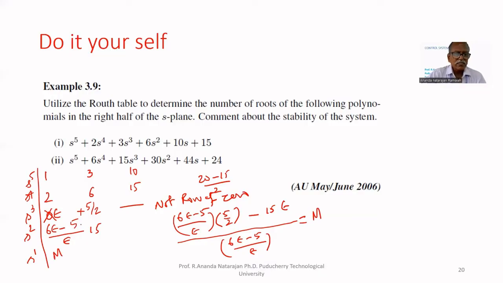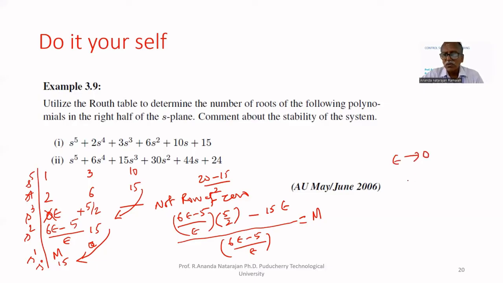So S power 1 is m. What is S power 0? S power 0 is automatically 15, this 15 will move like this. Alternate rows there. Because here 0, m multiplied by 15 minus 0 divided by m equal to 15. So you will get 15 here. Now we have to replace epsilon as a limiting case.